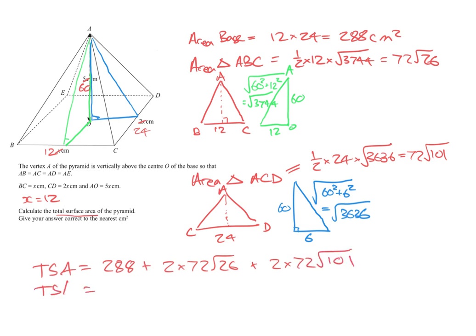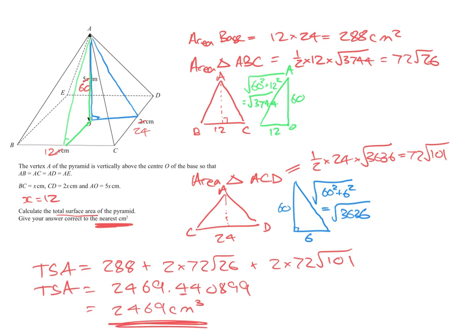And then if I put that into a calculator, I will get the result of 2,469.440899. Let's check with the question. It says to the nearest centimetre. So that's going to be 2,469 centimetres squared, because the 4 will tell us that we round down. And that's the complete answer.